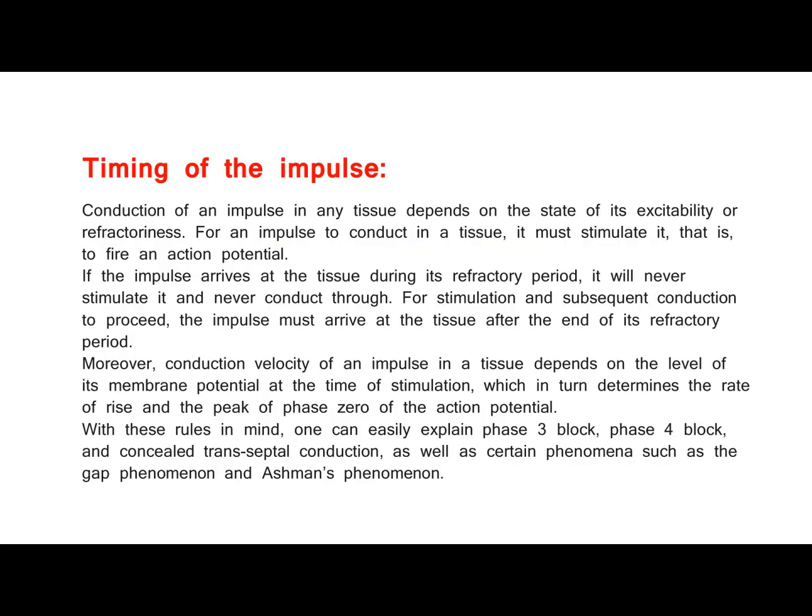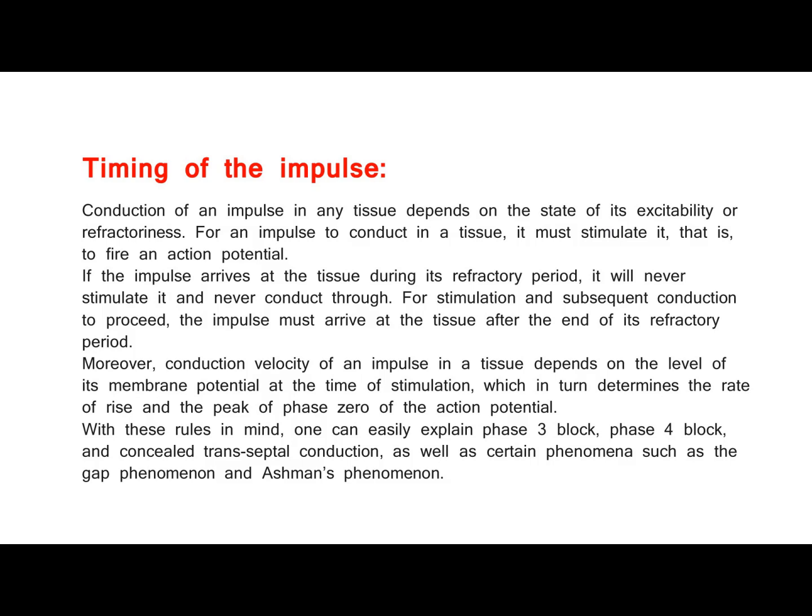Timing of the impulse. Conduction of an impulse in any tissue depends on the state of its excitability or refractoriness. For an impulse to conduct in a tissue, it must stimulate it, that is, to fire an action potential. If the impulse arrives at the tissue during its refractory period, it will never stimulate it and never conduct through. For stimulation and subsequent conduction to proceed, the impulse must arrive at the tissue after the end of its refractory period.